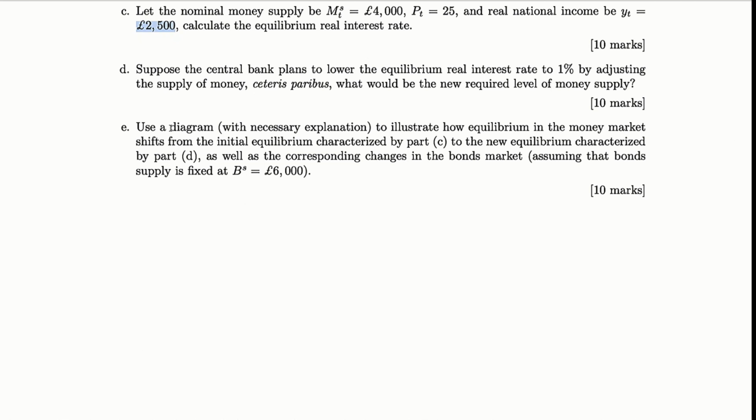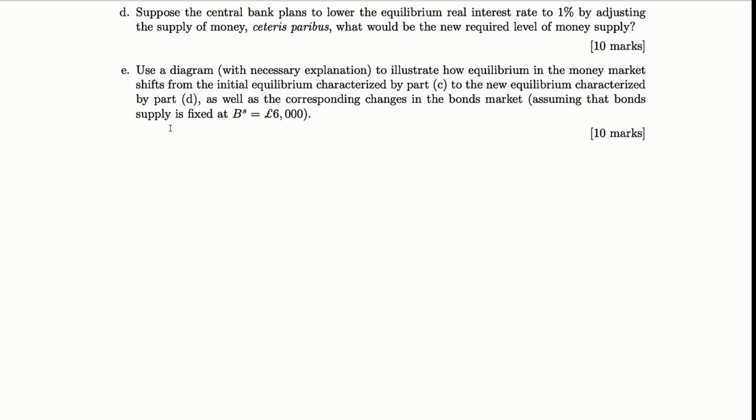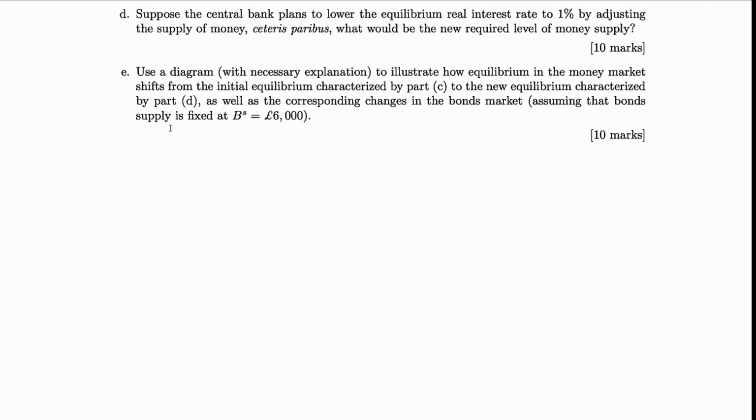The last question relates to plotting or drawing this on a diagram. I'm just going to show you, which we already did before. If you remember, we did how equilibrium in the money market works. There are a few questions or a few examples of these, but let me just show you how that works.